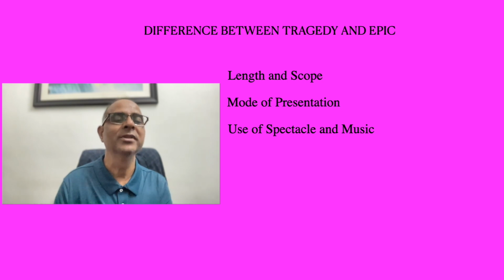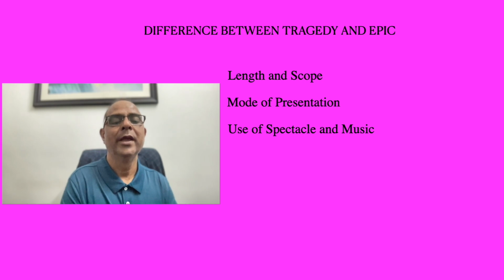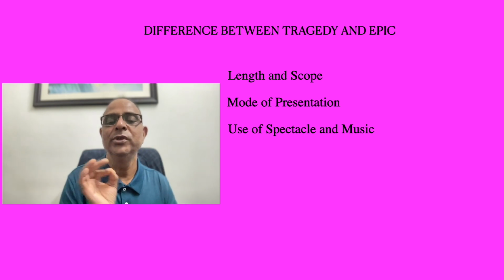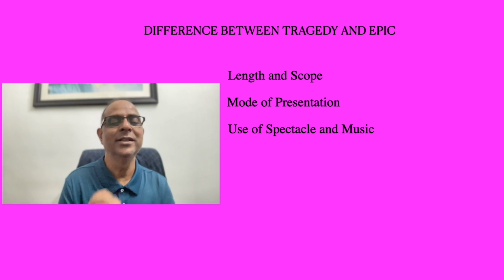The third difference between tragedy and epic is that epic poetry does not rely on visual spectacle or music, as it is a purely literary form, meant to be read or recited. Tragedy incorporates spectacle and music, essential elements in Greek theatrical performances.